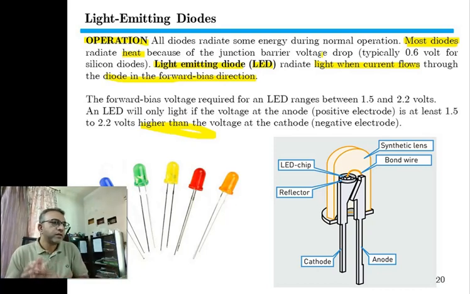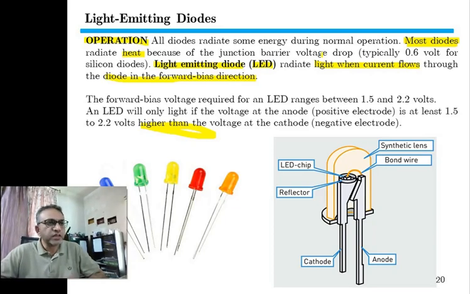So power radiated from a normal diode is equal to VD, the junction barrier voltage drop, multiplied by ID, the current through the diode. This means the power is a function of voltage drop and of current flowing through the diode. The higher the current, the more heat or power will be dissipated. We can always multiply this power by time to get the total energy dissipated.